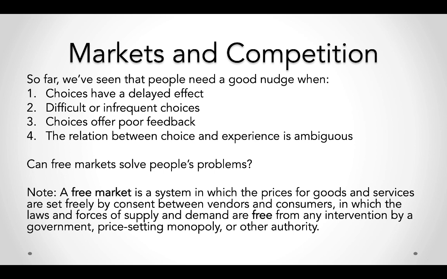What is a free market? A free market is a system in which the prices for goods and services are set freely by consent between vendors and consumers, in which the laws and forces of supply and demand are free from any intervention by a government, price-setting monopoly, or other authority.